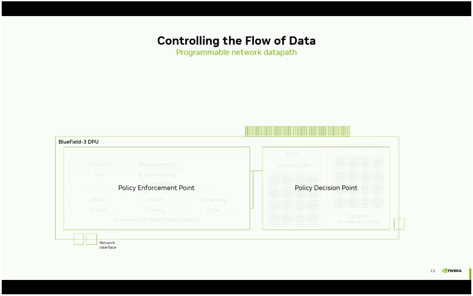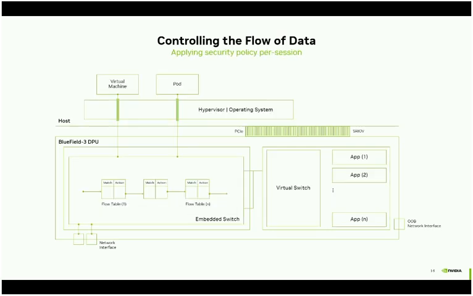So how this works is that when you get a new connection that comes in or a connection that wants to go out, the hardware, which has an embedded switch as part of it, will try to match that flow or that connection attempt with the flow tables in order to understand what it should do with it. As said, this is a new flow, so no representation in the flow table.